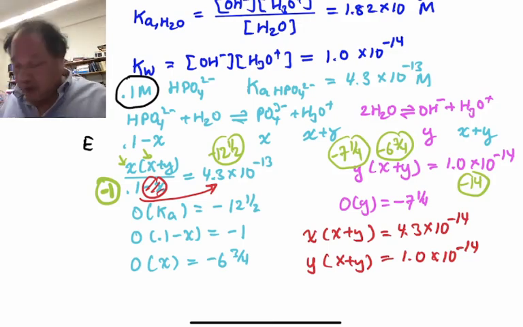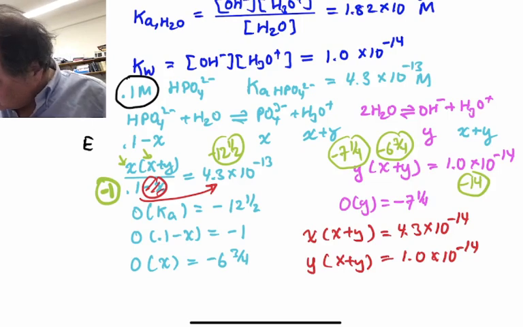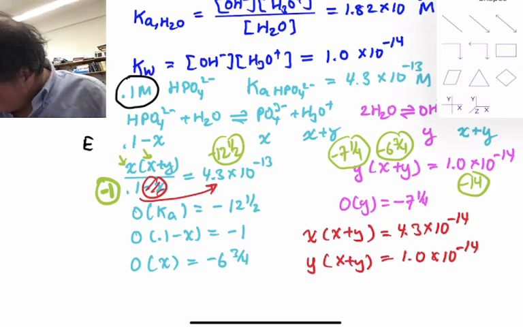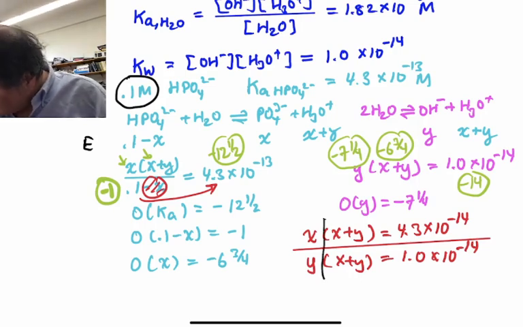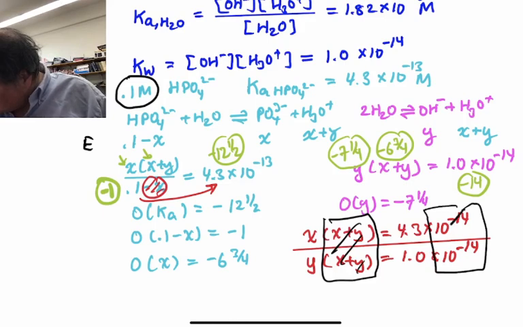Great. So if you look at these two, you notice that we can divide the two equations from each other. And if we do that, this portion cancels. And these two cancel also, the 10 to the minus 14.